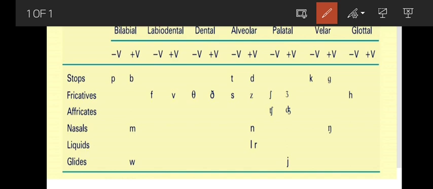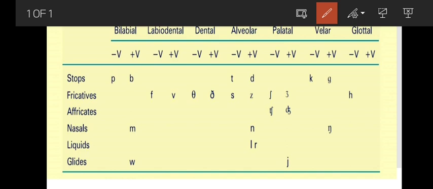When you say the sounds p, p, b, p, p, b, you feel that these sounds involve two articulators, your upper and lower lip.